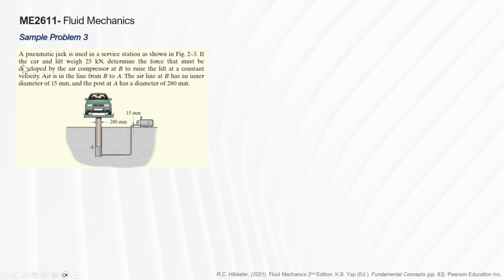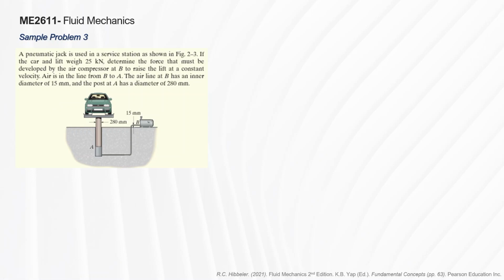Determine the force that must be developed by the air compressor at P, so at this point, to raise the lift at a constant velocity. Air is in line from B to A, so there's air here, and it has an inner diameter of 15 millimeters, and the post at A has a diameter of 280 millimeters. So, what is the force that the air compressor must develop in order to raise it at constant velocity?